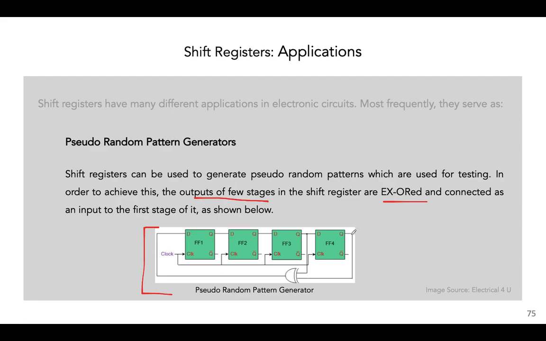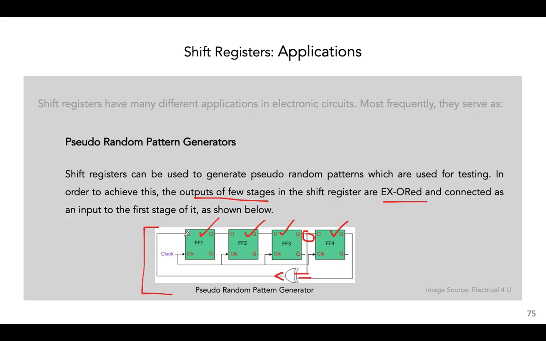So in this example, the first one goes into the second, which goes into the third, and then they've taken the output of the third one, added a tap here, and XORed this output with the output of the fourth flip-flop. So essentially, outputs of FF3 and FF4 are XORed, and that output is then fed back into the register. And then you have a pseudo-random pattern generator.